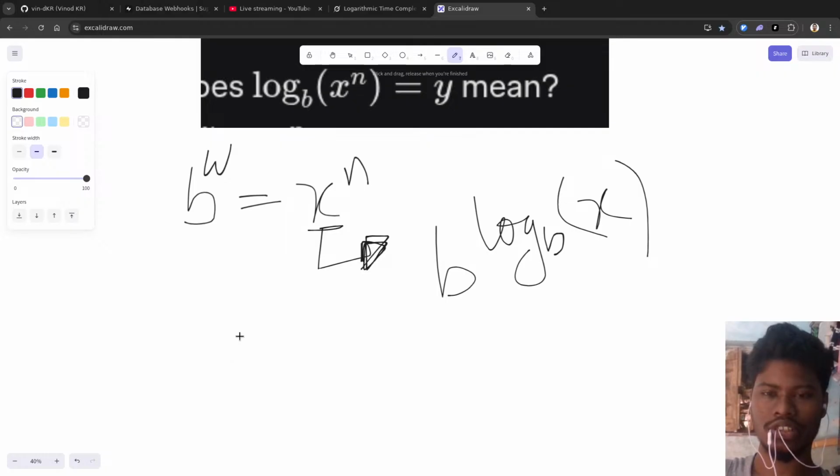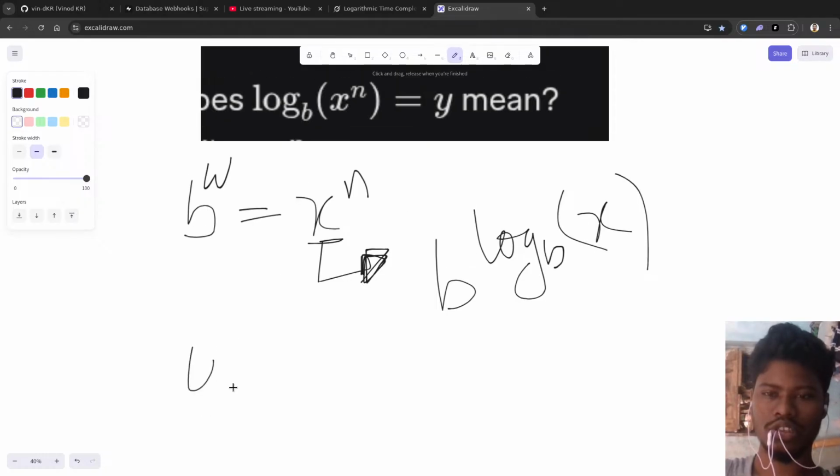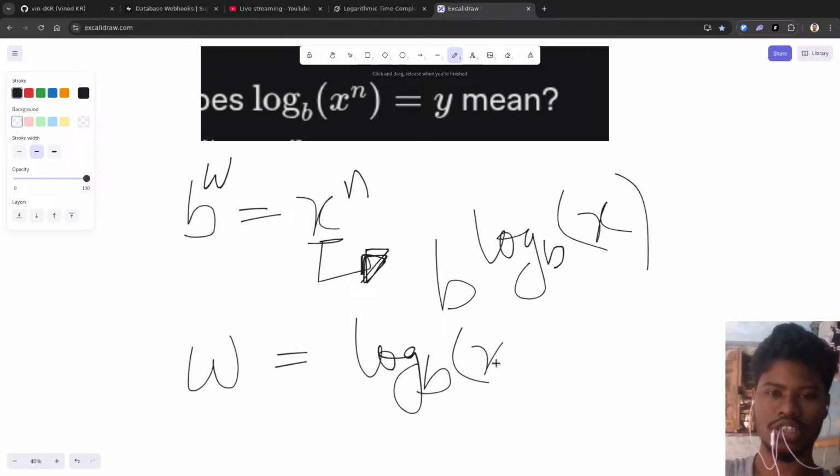That means the answer will be w here. So what is w? W is log base b of x.